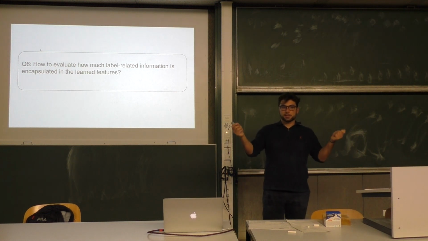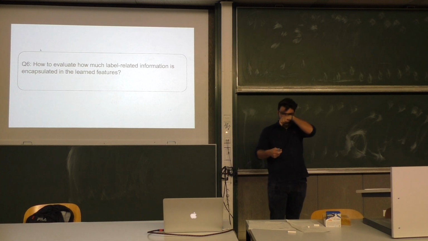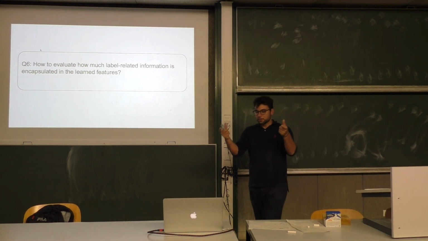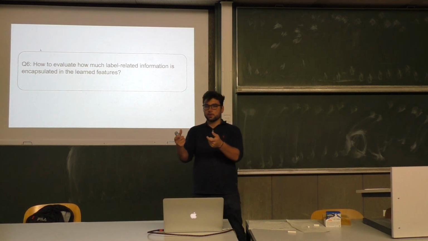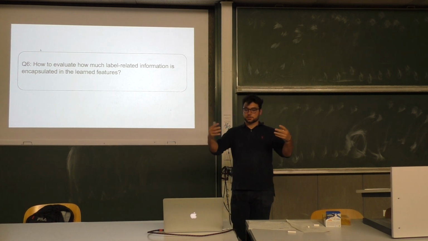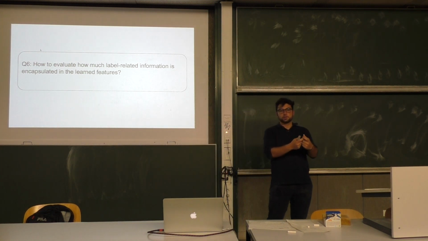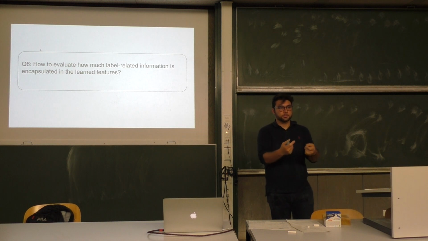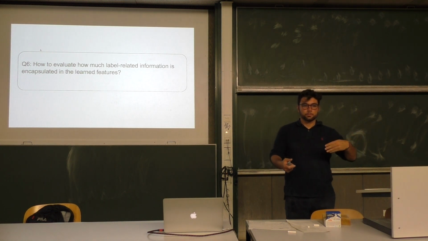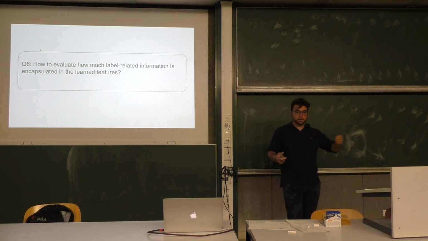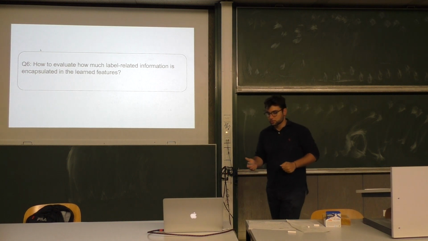And we ask ourselves the question, how can we evaluate all these learned encoders and learned features? What do they actually learn from these different pre-training models like SimCLR, MoCo, and many other things that we will see throughout the course?